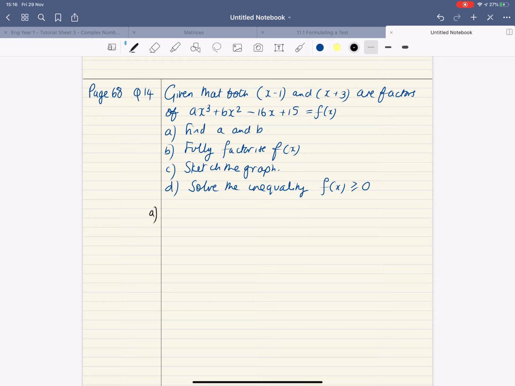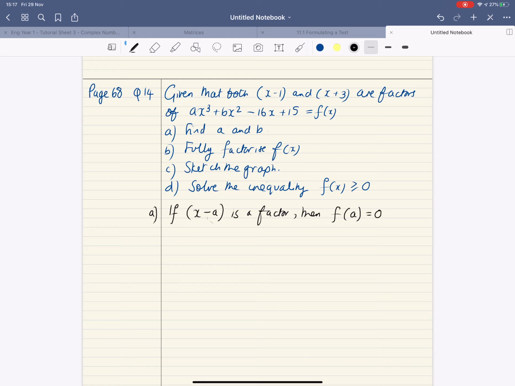Right, if we find a and b. Now, if it says x minus 1 and x plus 3 are factors of this, do you remember the factor theorem? Say if x minus a is a factor, then f of a equals 0.